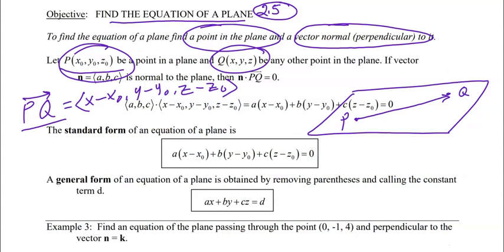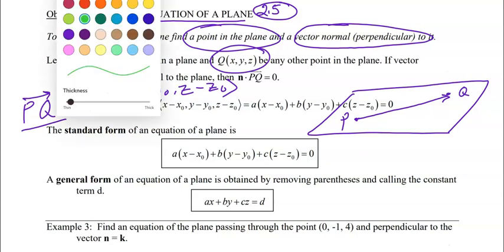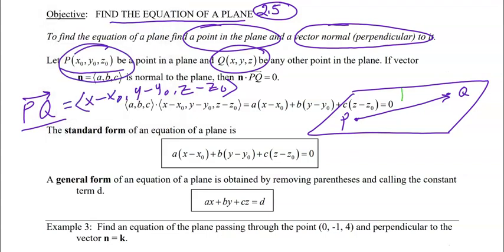Now, if I know a vector which is perpendicular or orthogonal to this plane, let me draw it with a different color. There is a vector somewhere which is perpendicular to the plane. It could be anywhere, as long as it's perpendicular to the plane.